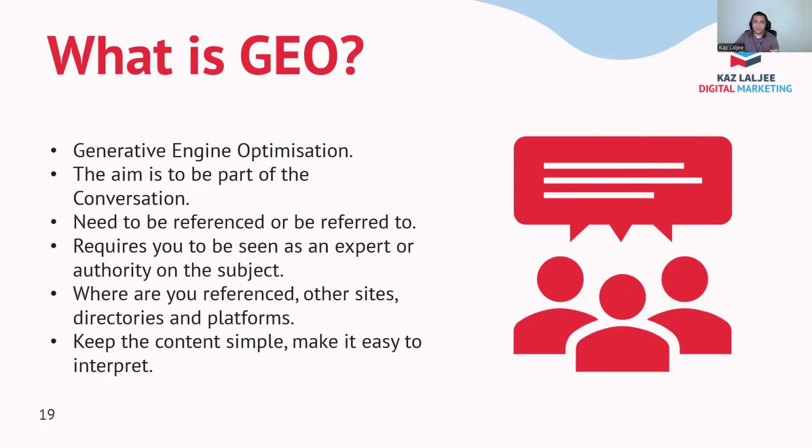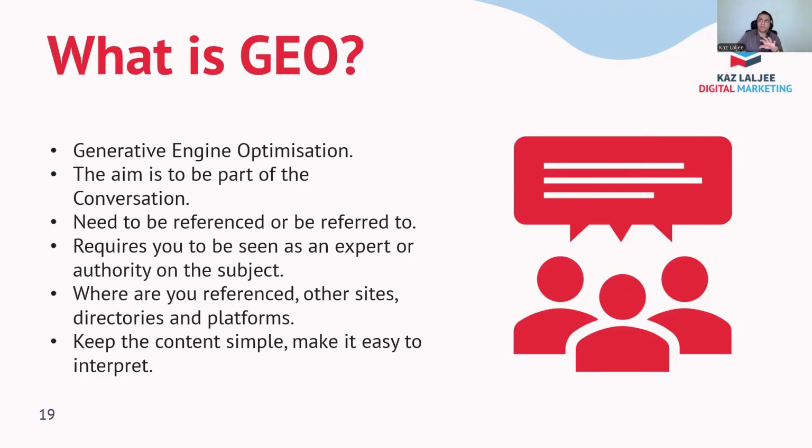I think in the past we've been talking about SEO, search engine optimization, which, as you know, is another module which forms part of the 20 module real digital marketing course. People always used to want to rank on Google.